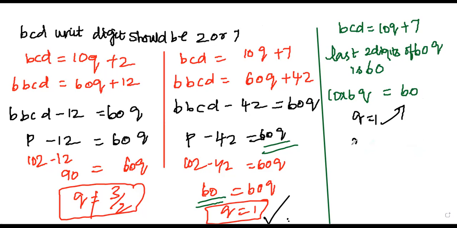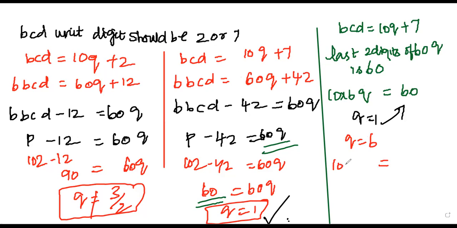Okay. Try substituting Q as 2. You will have 6 2s are 12. 12 into 10 is 120. You are not getting 60 in the last two digits. So Q equal to 2 is not possible. Try substituting 3. You will get 180. Try substituting 4. You will get 240. Like that. And if you substitute 6, 6 6s are 36. 36 into 10 will give you 360. Okay.